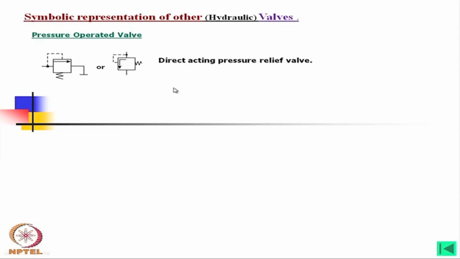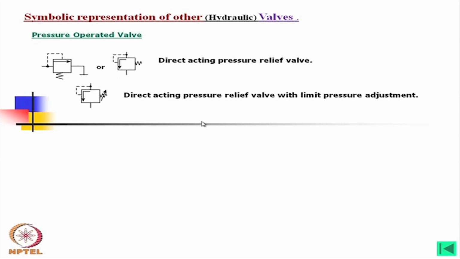Now, ISO has standardized one, and probably this one is close to the ISO one. Now, what is the difference here? We find in this spring direct acting pressure relief valve with limit pressure adjustment. That means, in this valve we can adjust this spring strength to limit the pressure.